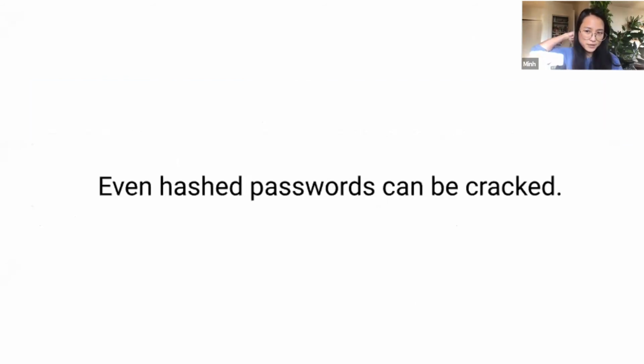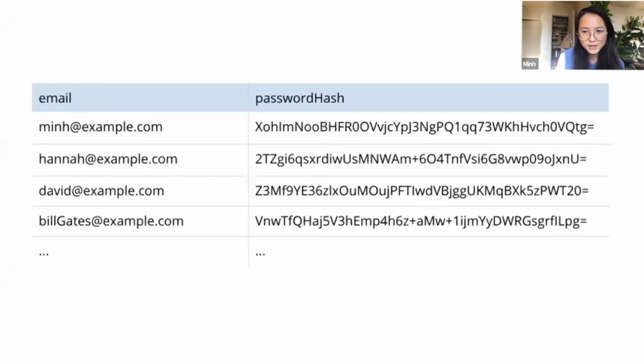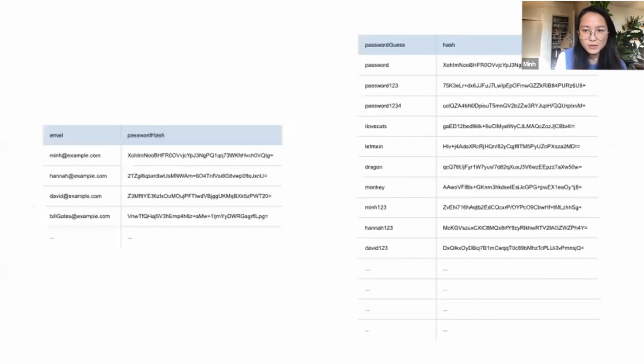The bad news is that even hashed passwords can be hacked. Let's say a hacker gets hold of this list from your database. What they can do is work out the original password by guessing. If they know the hashing function, and usually those are available, or if they can guess what the hashing function was, then they can generate lots of hashes based on password guesses, starting with some really common passwords like password or password123.